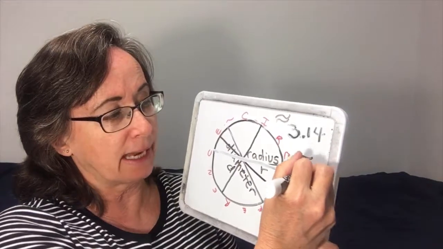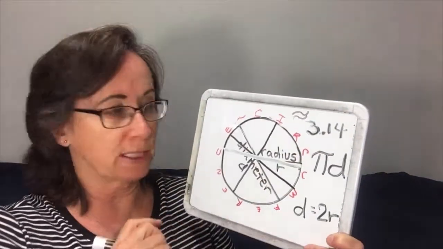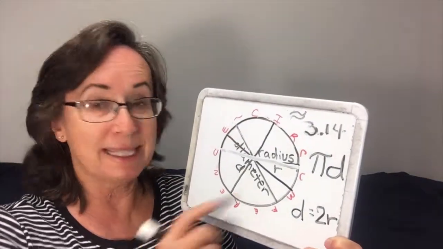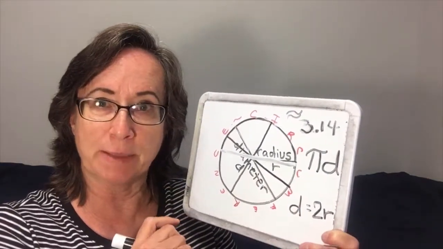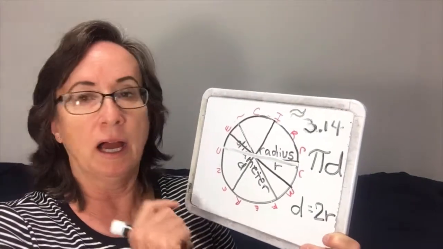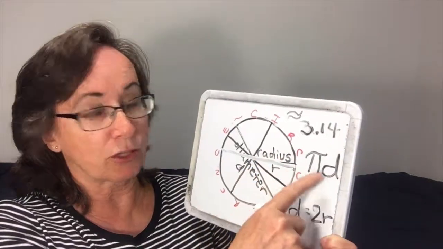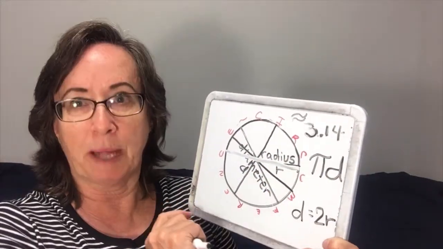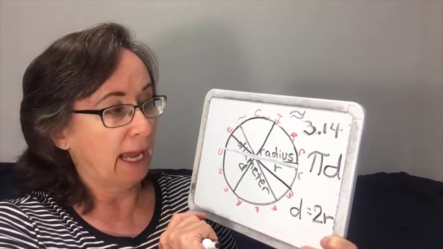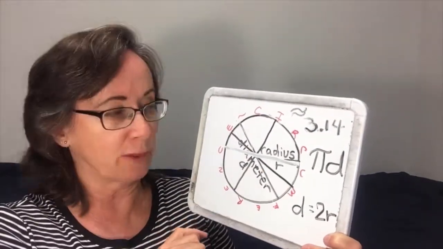Pi times the diameter would equal the circumference of the circle. So this number pi has become very famous in mathematics because it is the ratio of the circumference divided by the diameter. The circumference divided by pi is the diameter, and the diameter times pi is the circumference.